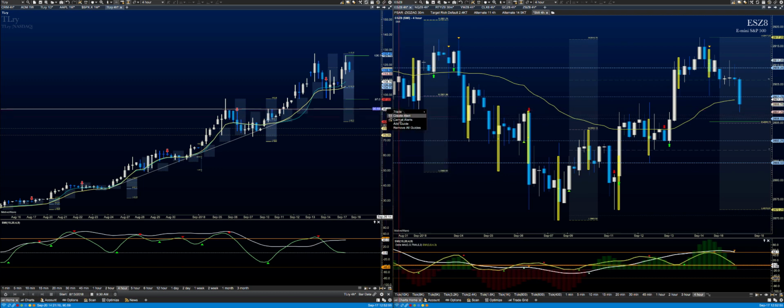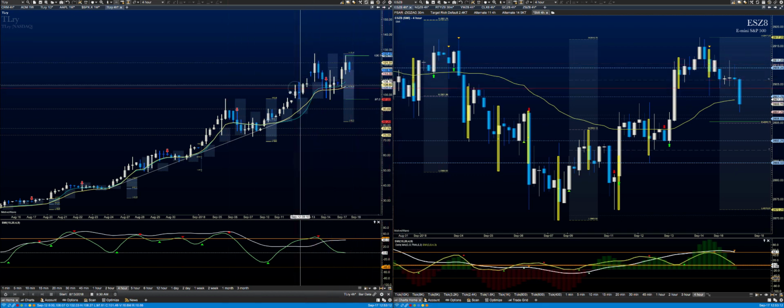So that makes a resistance zone, and this makes a resistance zone right over here. And this makes a resistance zone. All of these regions. If I come into this area and I start looking, okay, that's my high, and I start looking at this area right here, all of a sudden that's support.